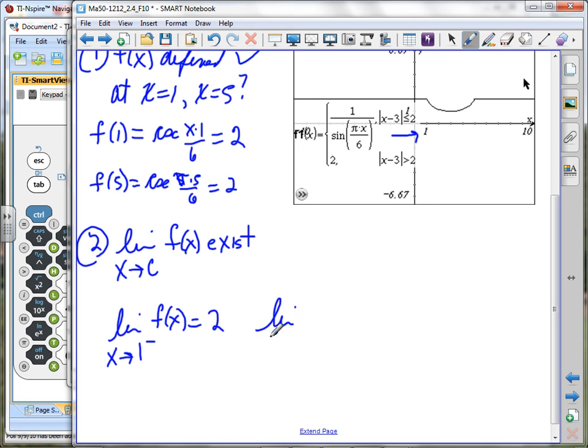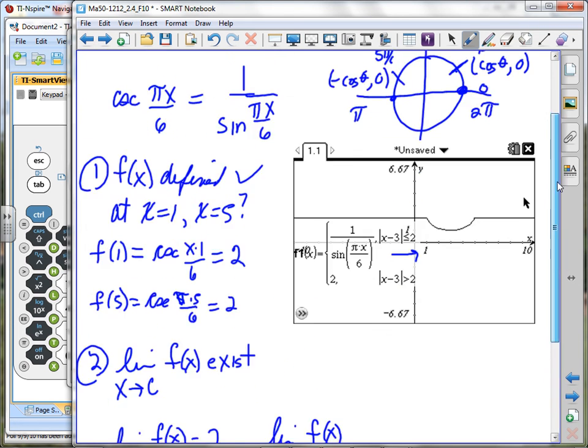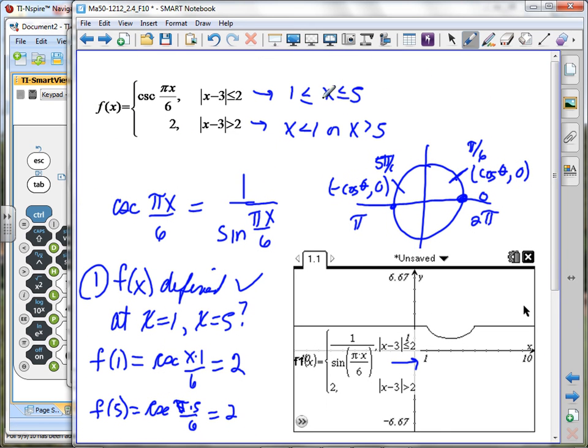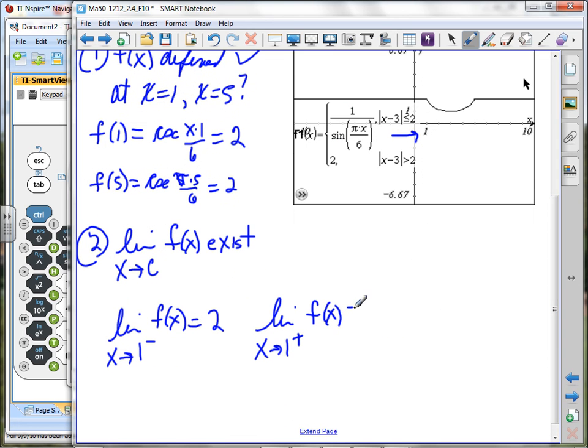As we approach it from the greater than 1 side, what piece are we using? Must be the cosecant piece. What's the limit? 2. Therefore, what's the limit as x approaches 1? 2.